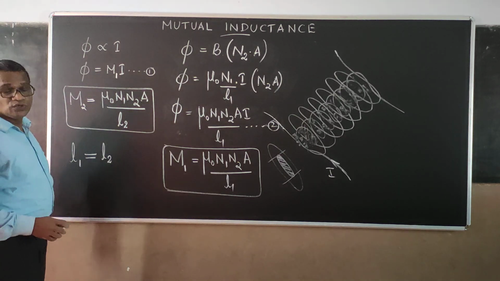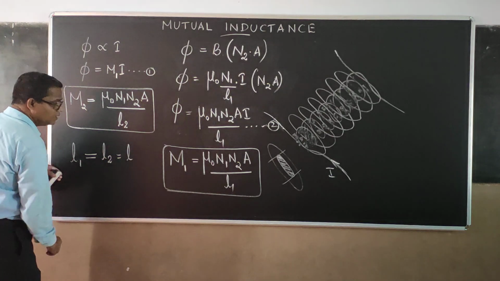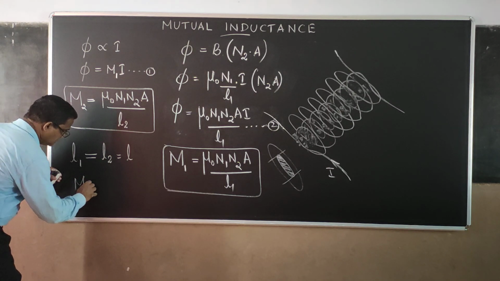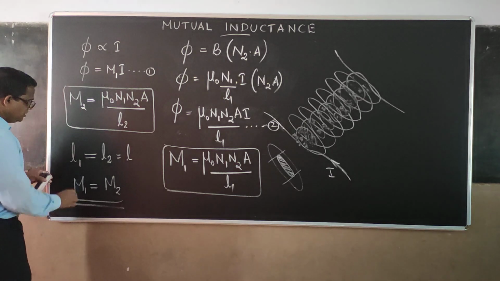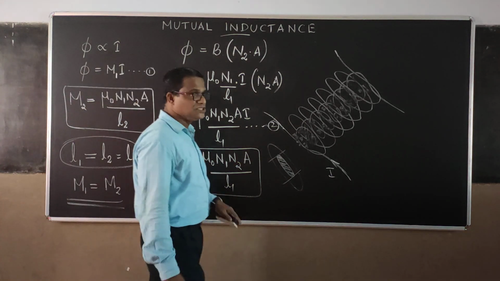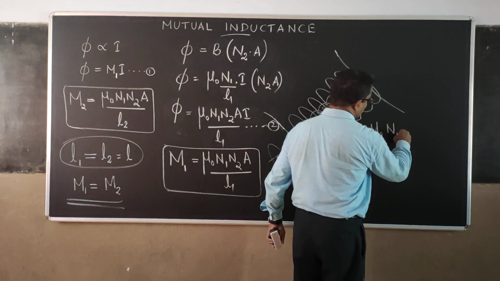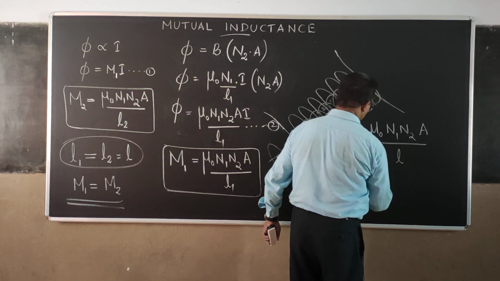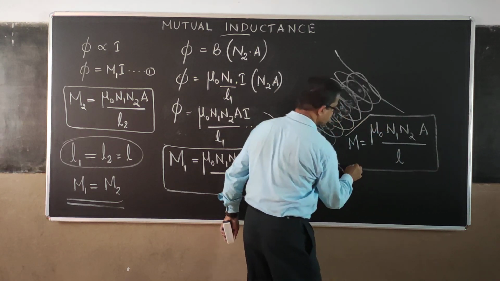Suppose L1 is equal to L2, let us assume this as L, then the mutual inductance M1 is found to be equal to M2. If this condition is satisfied for the given pair of coils, mu 0 N1 N2 A by L is the mutual inductance you can have.